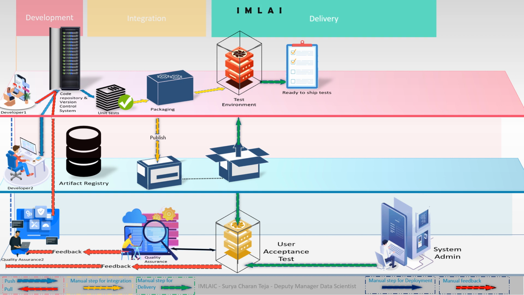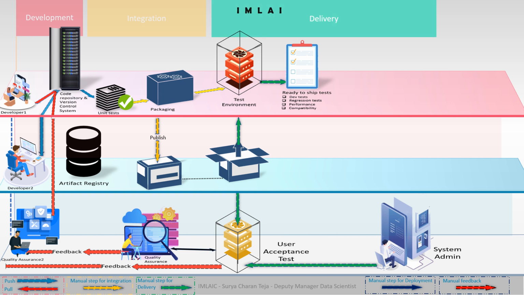So now we will move back into the test environment again. In the test environment, we will write some ready-to-ship tests, such as dev tests, regression tests, performance tests, and compatibility tests. A dev test is nothing but this: you add some comments or a few more lines to the code, build it again, and check whether it is working properly or not.